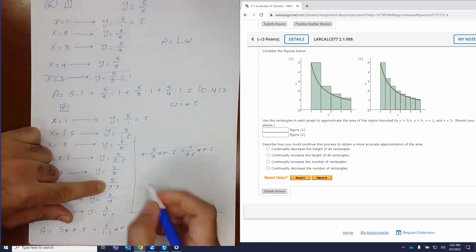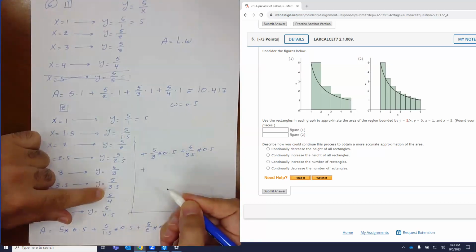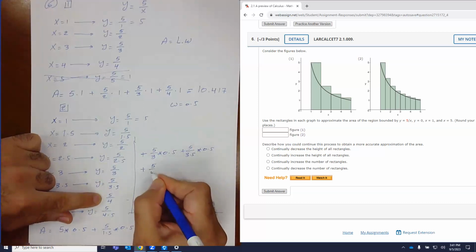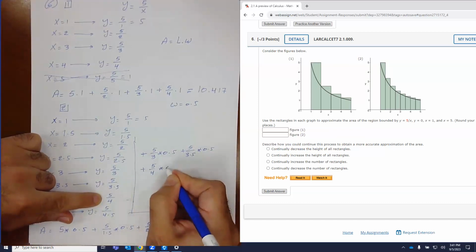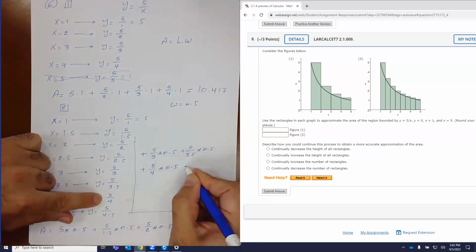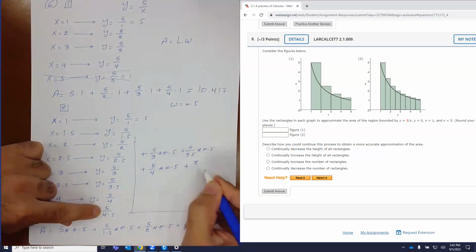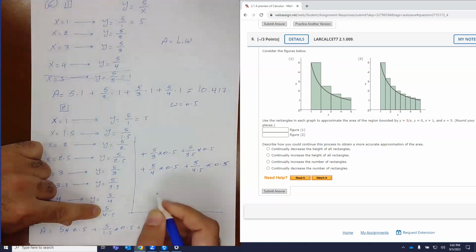This is the multiplication. Plus the next one is going to be 5 over 4 times 0.5. And the last one is going to be 5 over 4.5 times 0.5. This is the last triangle.